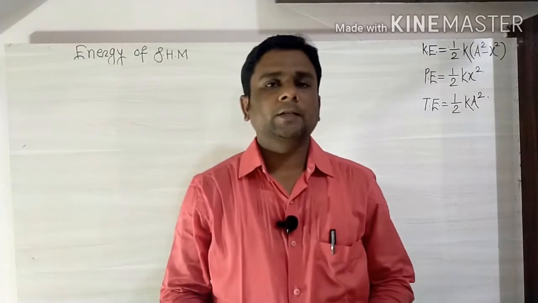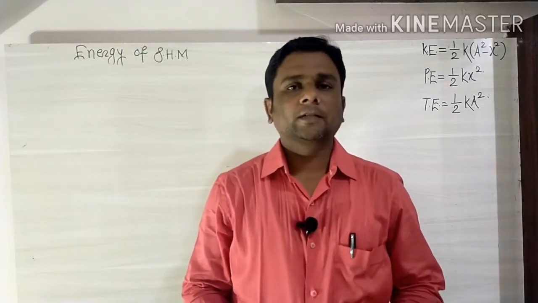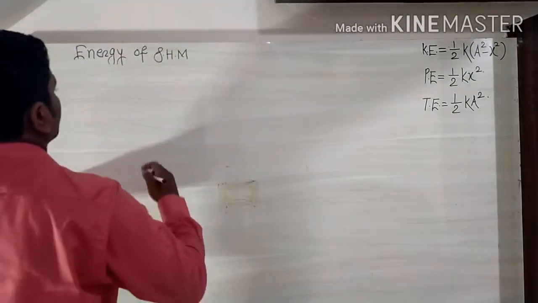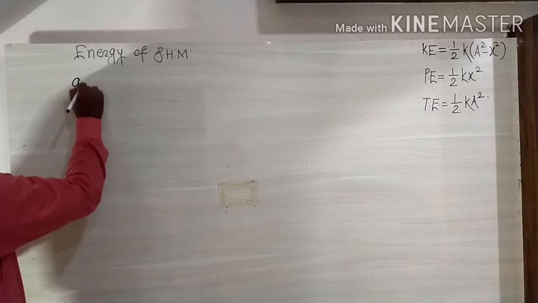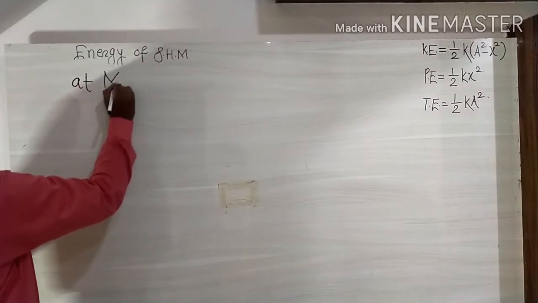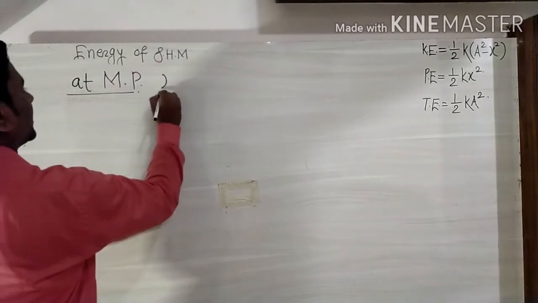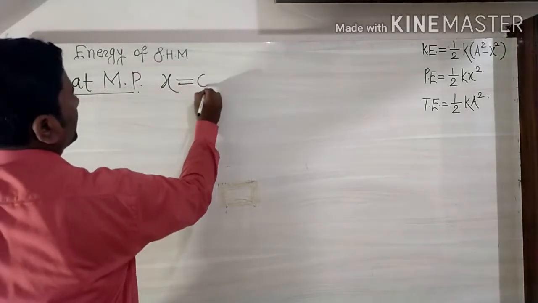Kinetic energy, potential energy and total energy in simple harmonic motion. Means first we see it at the mean position. At the mean position, we know that displacement is equal to 0.